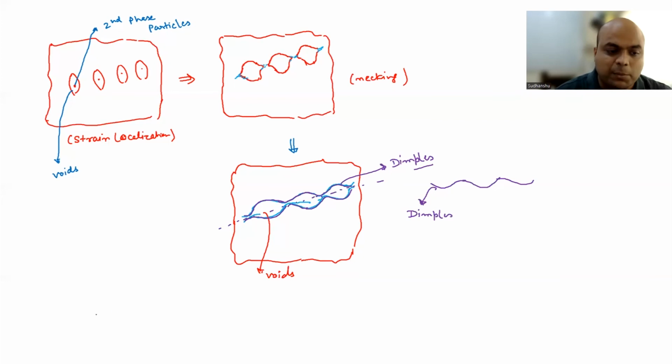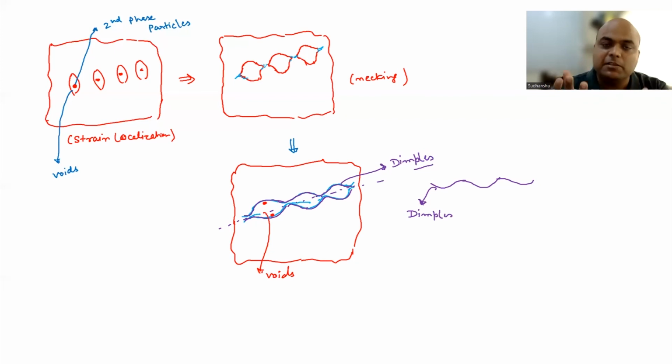Now what happens to the particle? If you remember, in the first diagram we have particles here, these dots. In the second one also, you are going to have the particle. Now this particle can sit either on this side or on this side. So if you see both fracture surfaces, you are going to see particles inside those dimples, sitting either on one side of the fracture surface or the other.